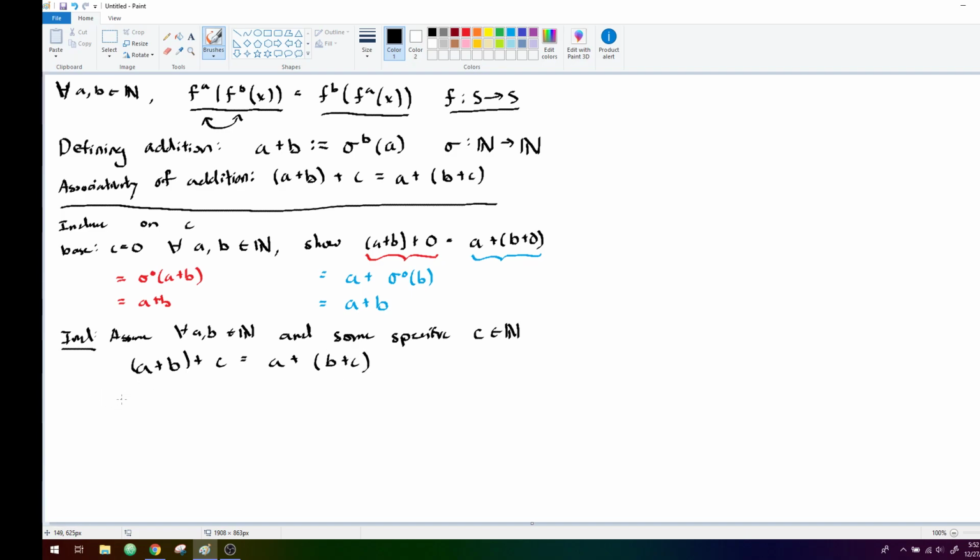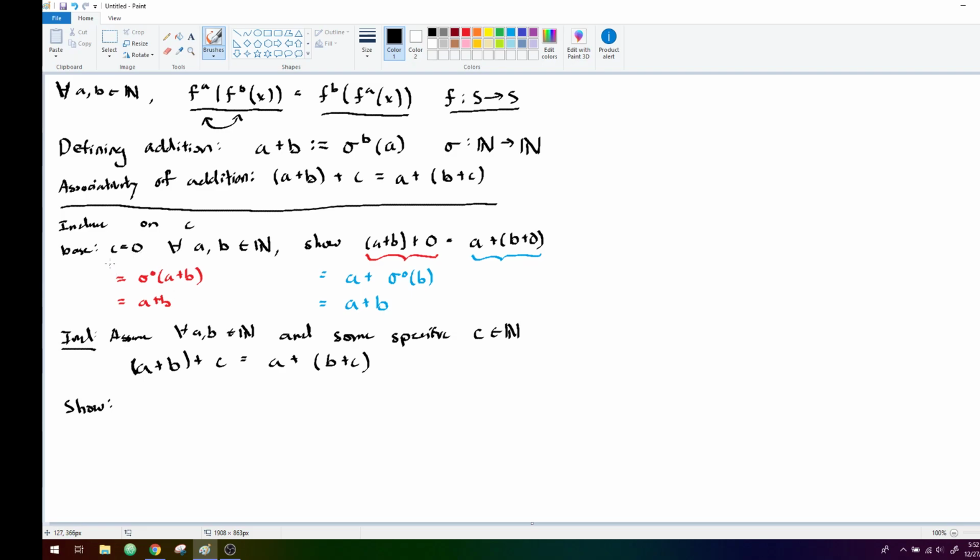Alright, as with all induction steps, we now need to show that this is true for sigma of c as well. And this is what I mean when I say inducing on c.